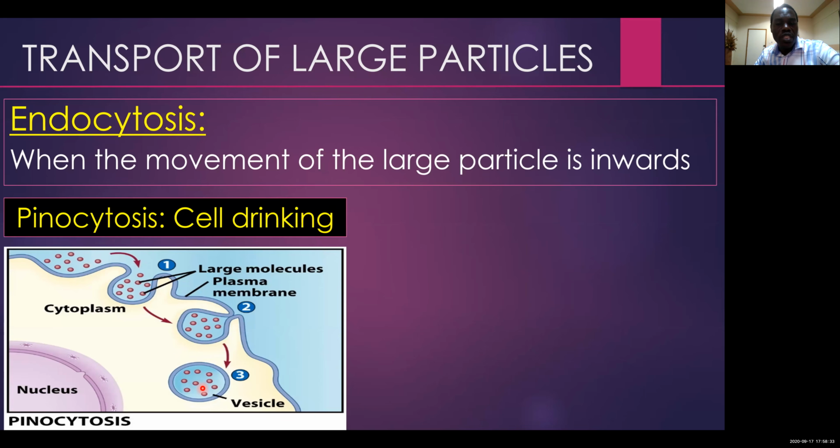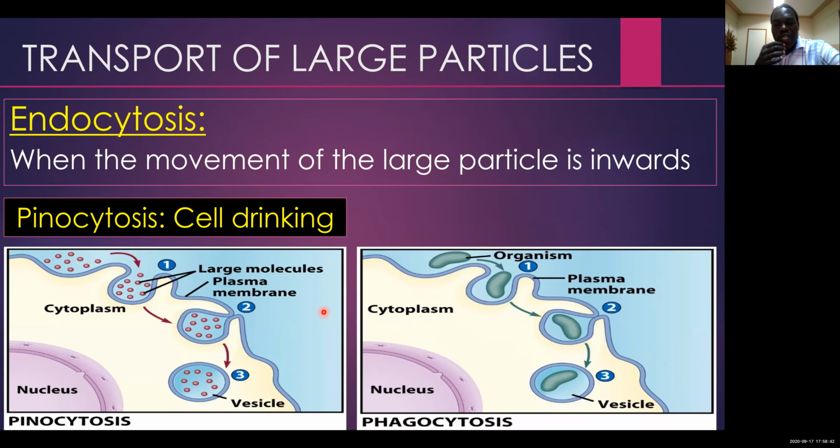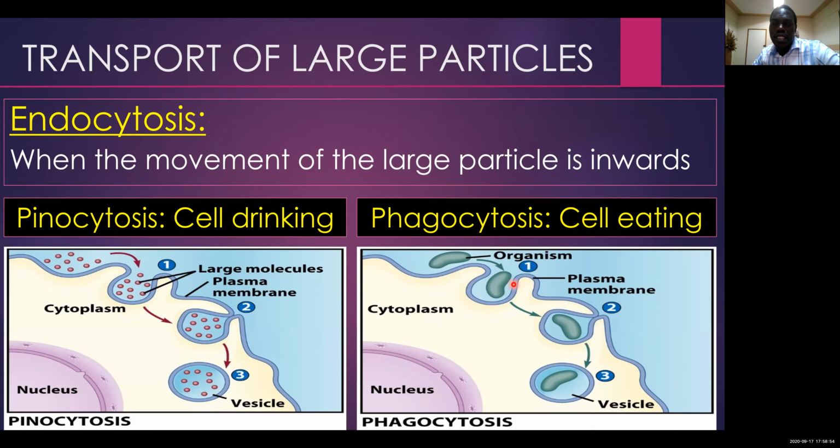The way you drink porridge, you take in fluid. That is different from when you eat ugali. If what is going in is a solid particle, then you call that phagocytosis. The cell is eating. Phagocytosis and pinocytosis are examples of endocytosis.